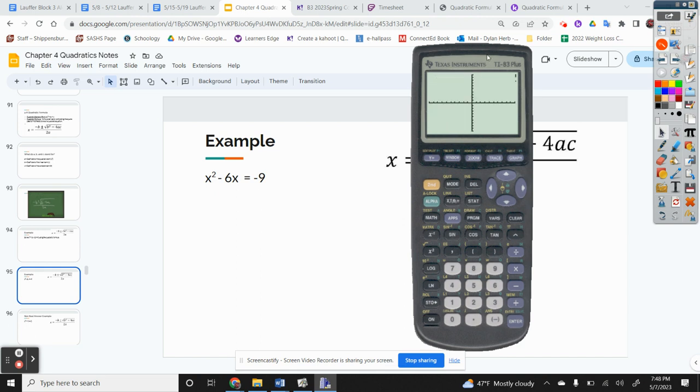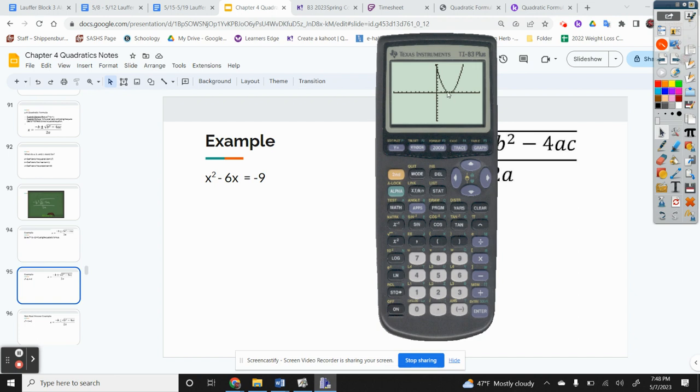Okay, hit the graph, and again, it should cross the x-axis at 3, I think is the solution we found, and you can see this thing bottoms out right at 3. You could also find that by looking at the table. So if we hit second graph, we could find out when it hit the x-axis. We would be looking for when y is 0. So here's the point right here. 3, 0, that's the only solution.